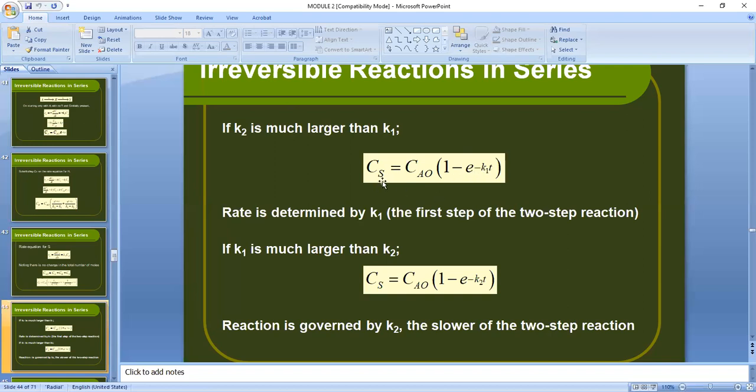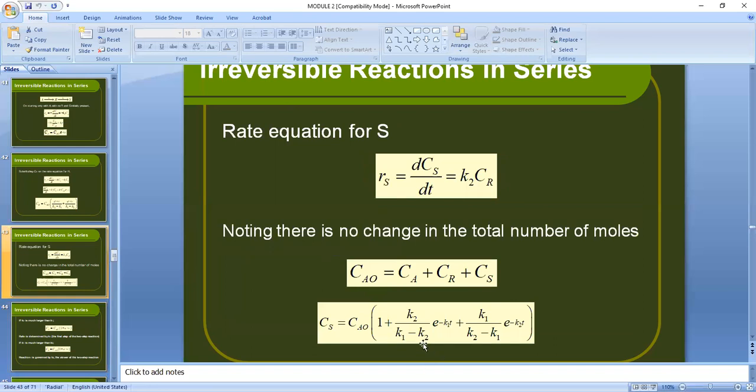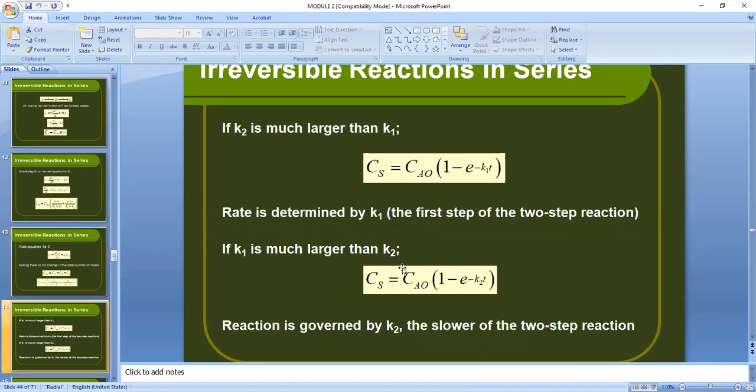Now, this formula can also be derived from here using that premise that K sub 2 is a lot larger than K sub 1. In that case, your entire second term here will be very small compared to this one because K sub 2 is very large compared to K sub 1. That's the very reason why you have this formula written here. It's only dependent on the first step.